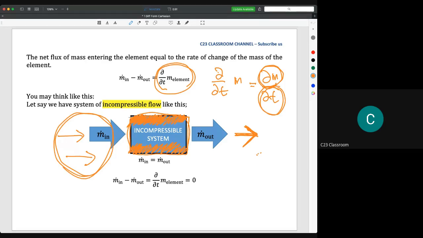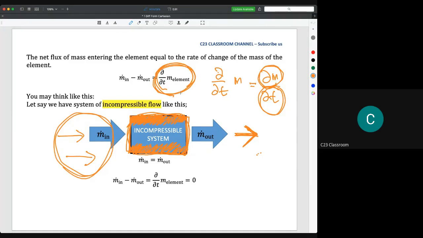So oleh kerana tangki ini telah penuh, oleh itu kita kata tidak akan ada berlaku pertambahan mass mengikut masa. Maksudnya pada minit yang pertama katakan 5 kg, minit yang kedua pun 5 kilogram, minit yang ketiga juga 5 kilogram. Oleh itu, dm dt di sini akan sama dengan kosong.